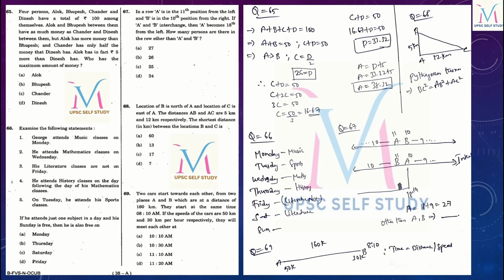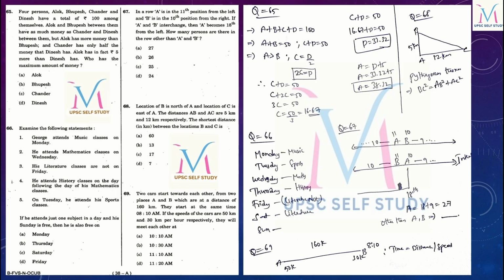If you look into the explanation board, A plus B plus C plus D is equal to 100, right? A plus B is equal to 50 and C plus D is equal to 50. Here A is greater than B, Alok has more money than Bhupesh, and Chandar has only half the money of Dinesh, which means C is equal to D by 2.